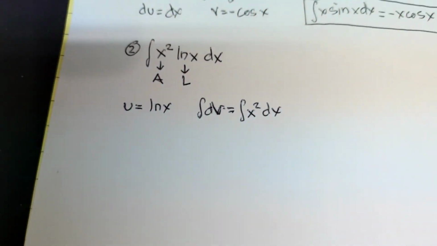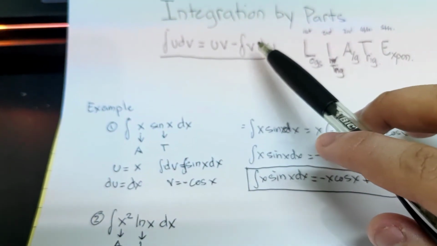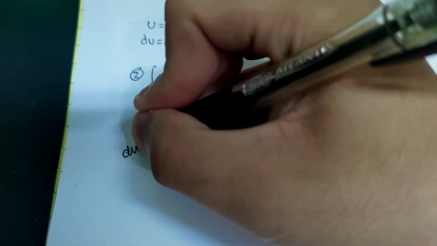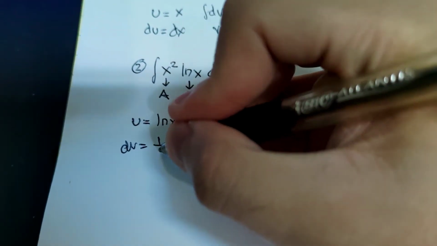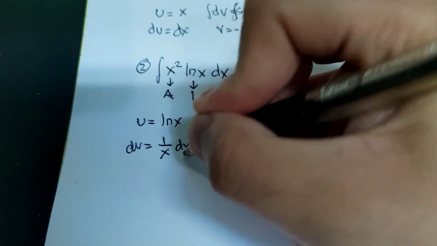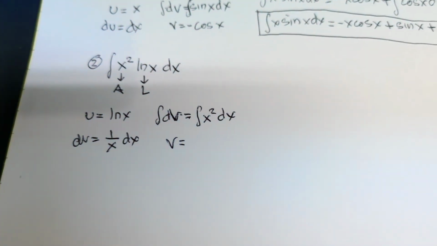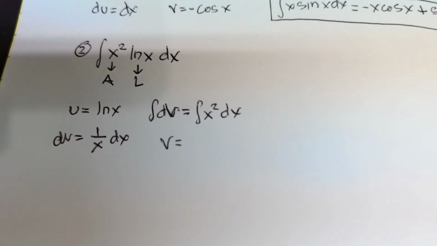We still need to find our du so we can use this formula of integration by parts. Our du is simply the derivative of ln x, which we know is 1 over x dx, and we still need to find our v, which is the integral of x squared dx. How do we find it?